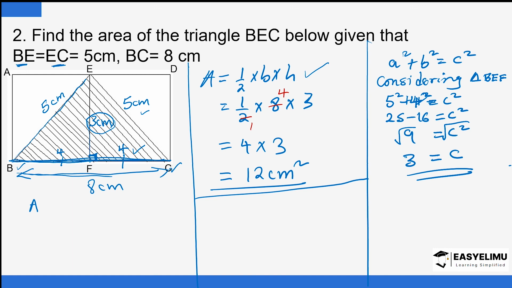So alternatively, somebody would have gotten the area of the rectangle, because this is also 90, which is length times width. This is also 3. So length times width, then you work out the area of this triangle, work out the area of that triangle, add the two, subtract from the area of the rectangle. You'll still be able to get 12 square centimeters. So this is EF.